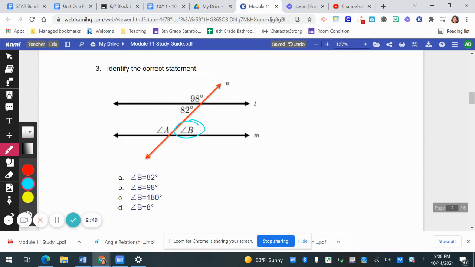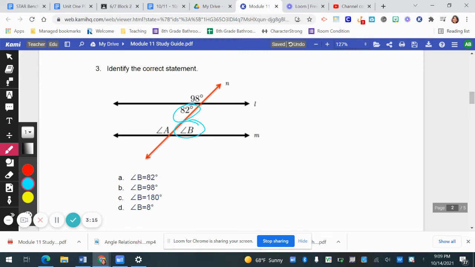Well, I can look at this and I said, okay, what information do we have? We have these two angles, 82 degrees and 98 degrees. However, 98 degrees does not fall in any of the relationships that we've already learned about. So let's look at 82 degrees.